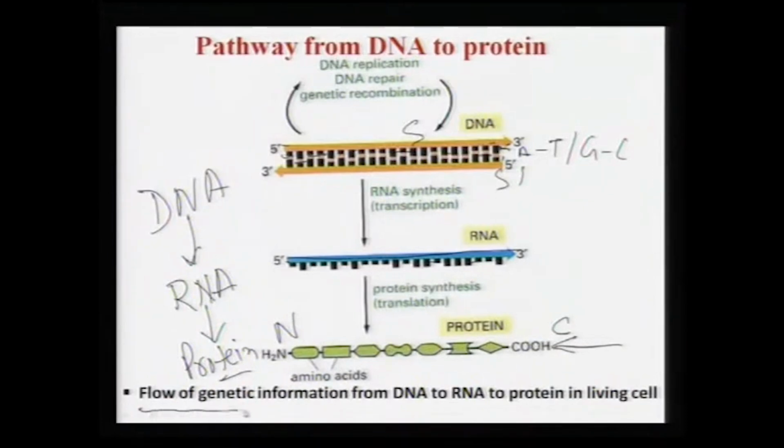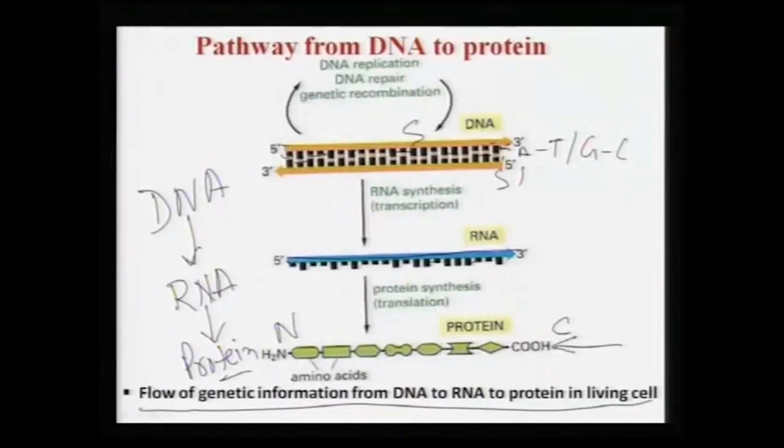So, you have to take note that irrespective of the cell type, in all living cells, this is the way proteins are synthesized. DNA goes through transcription to RNA, and RNA goes through translation to protein. In molecular biology language, this is known as the central dogma.